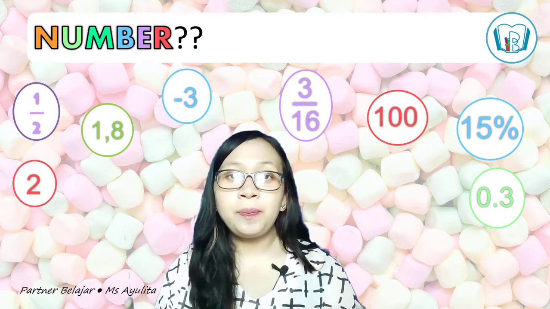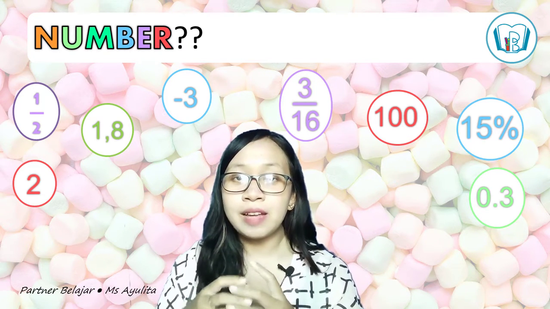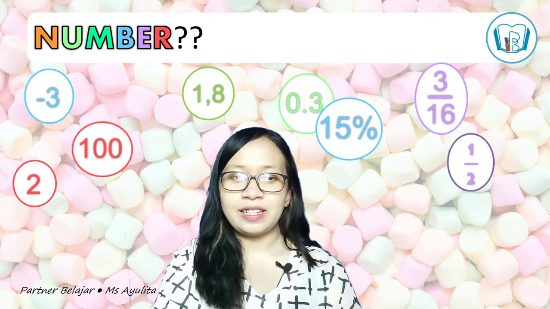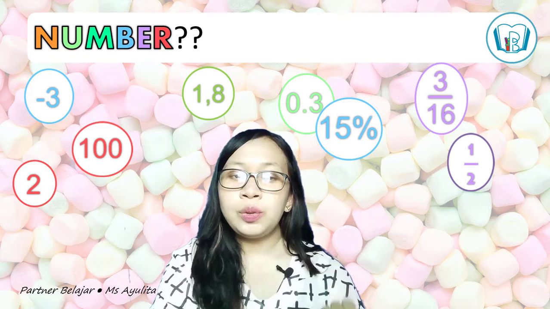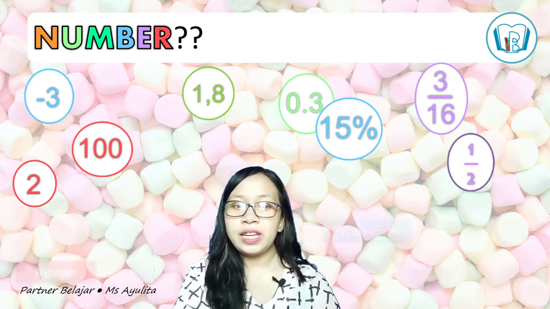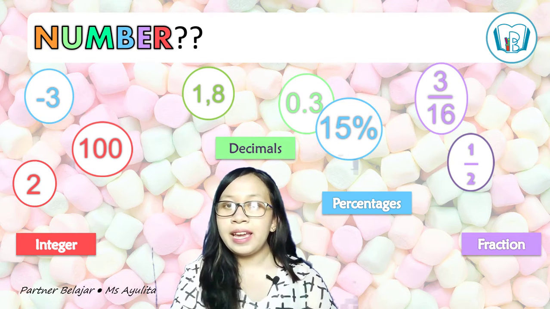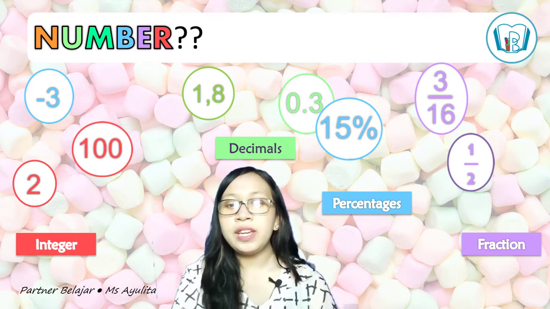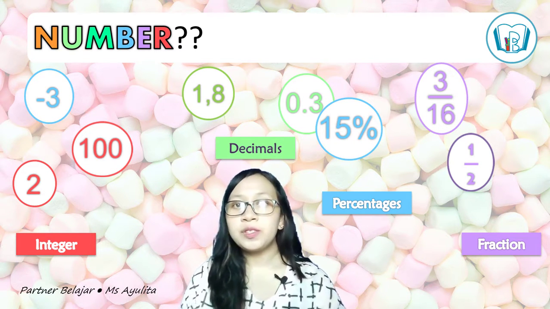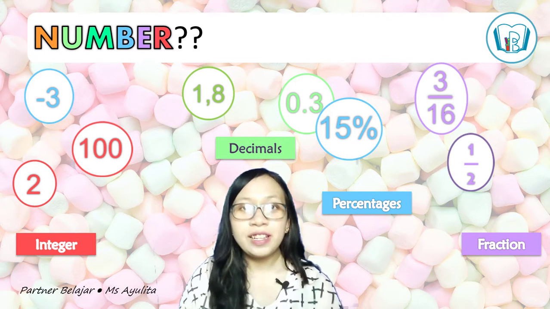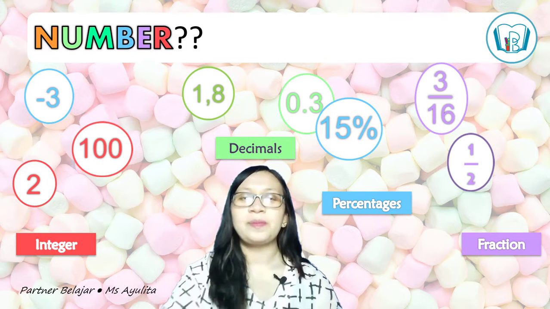So if we group it into some group, we will get here, this one. 100 and negative 3 are integers, and then 1.8 and 0.3 is decimal, 15% is percentage, and the other type is a fraction. Good job!